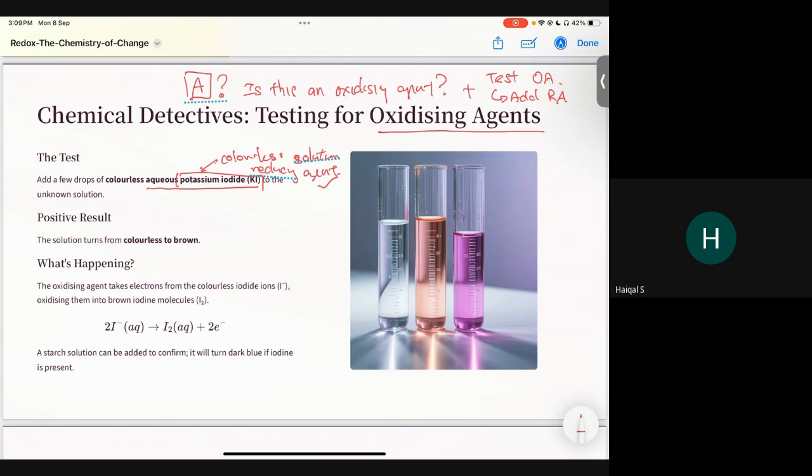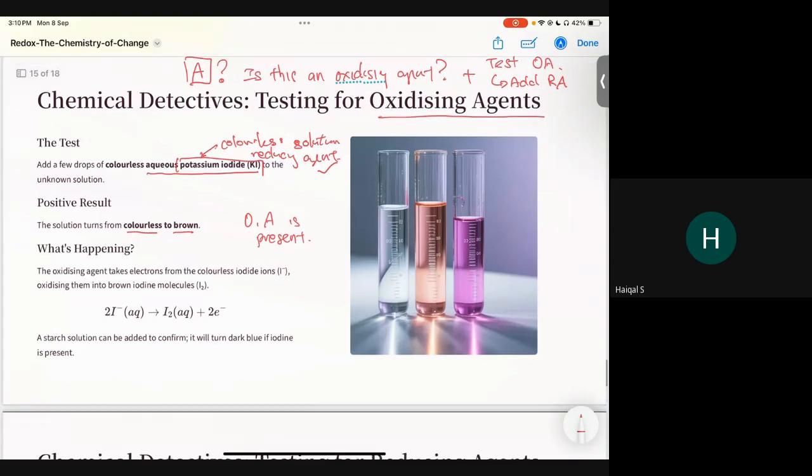If substance A is an oxidizing agent, my solution will turn from colorless to brown. So if I see potassium iodide added and the reaction is colorless to brown, it tells me that oxidizing agent is present.